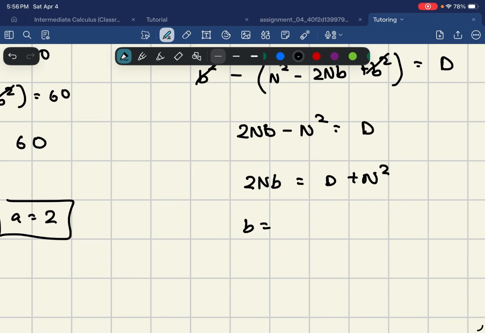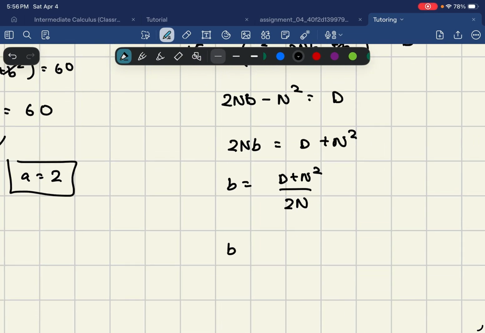And B is equal to (D plus n squared) divided by 2n. So another way to express this is just D divided by 2n plus n squared divided by 2n, right? You can split it. And n squared divided by 2n is just n divided by 2.